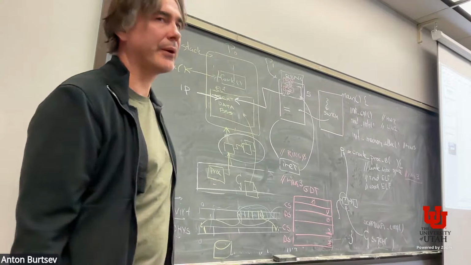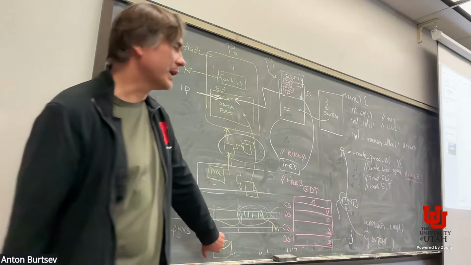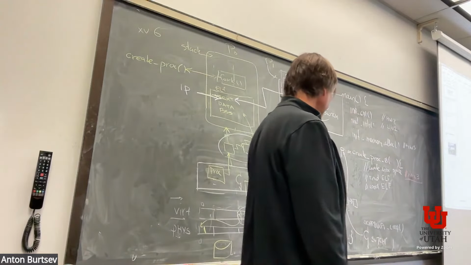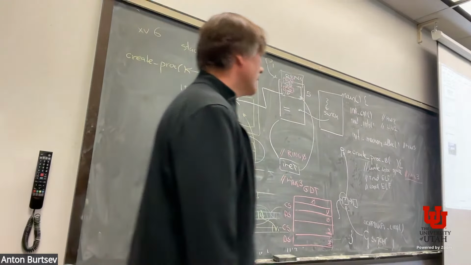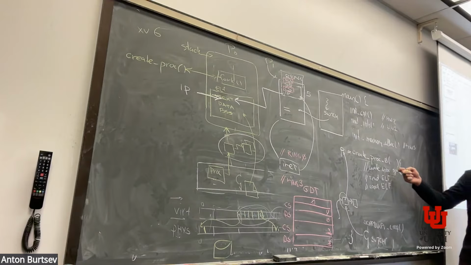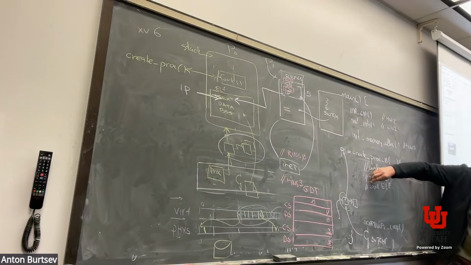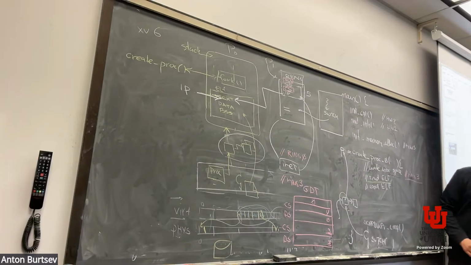IOAPIC, make sure that we can talk to disk? Okay, that's a good question, and this is what I was trying to get to. You told me that we want to create an address space. Sure, we know how to do it, we already have functions for that. But then you said, let's read the ELF from disk.